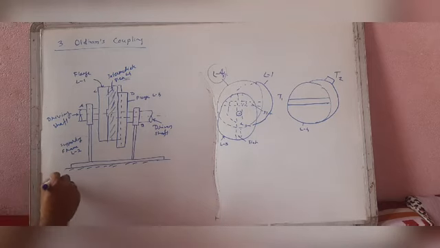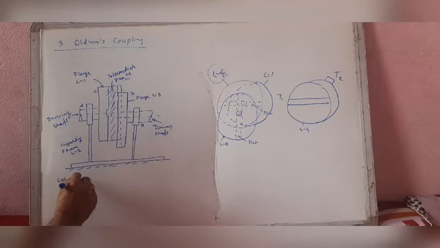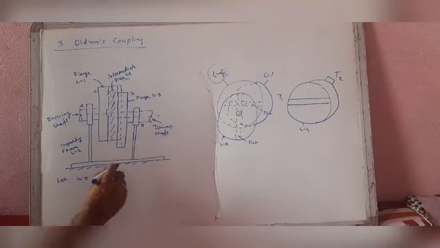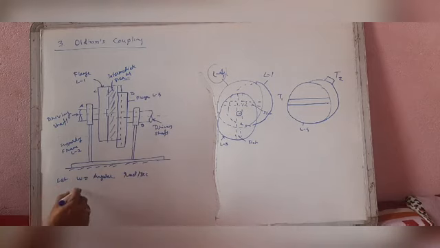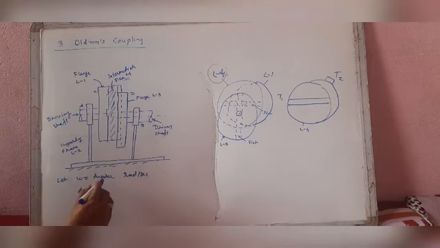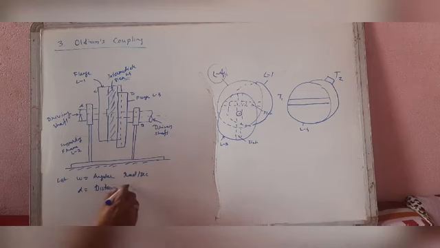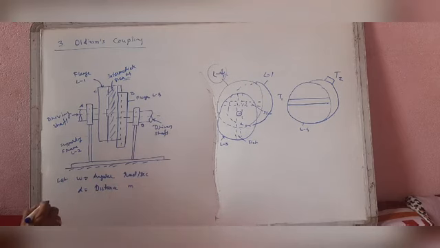Here, let omega be the angular velocity in radian per second, and d the distance between the axes of the shafts in meter.